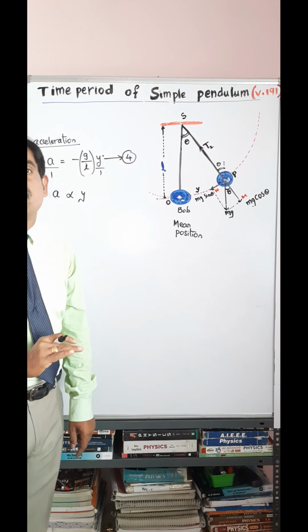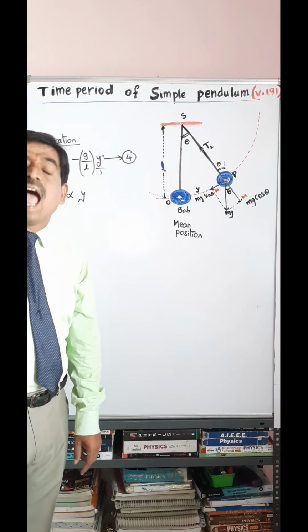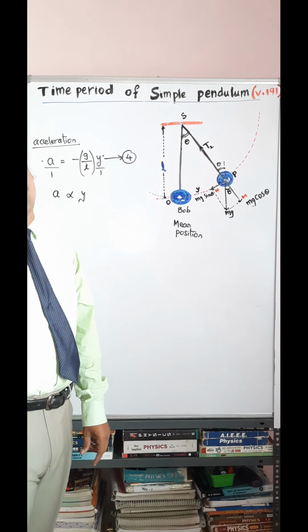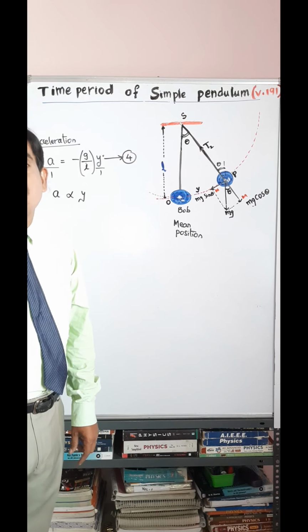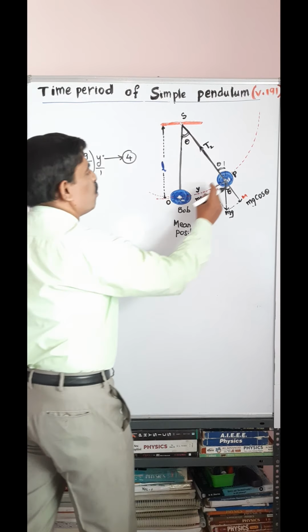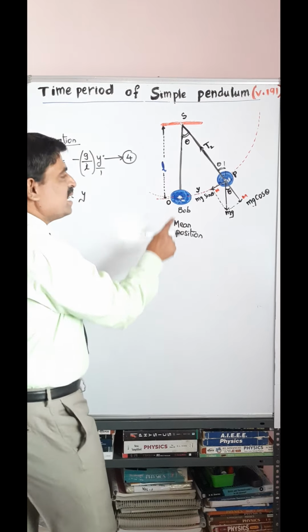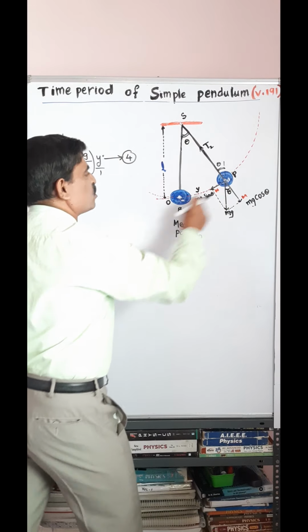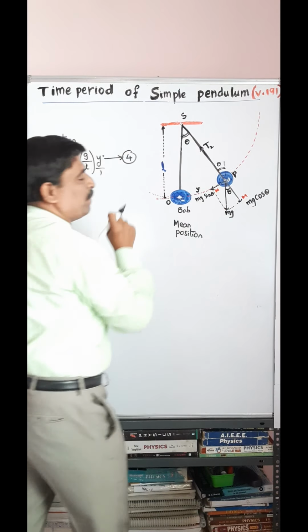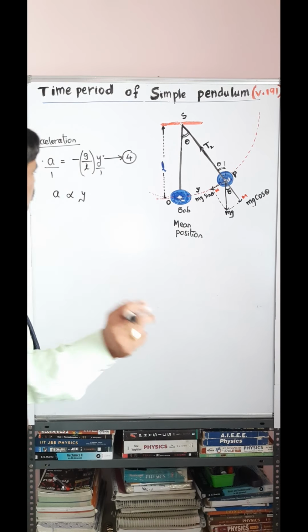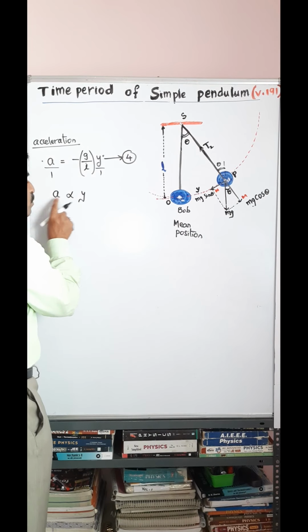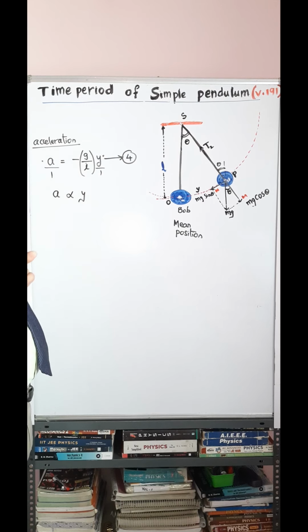Simple harmonic motion means it has to follow 3 conditions. Number 1, the pendulum has to move to and fro about the mean position. Yes, it is following. The simple pendulum is moving to and fro about the mean position. Number 2, acceleration is proportional to the displacement.